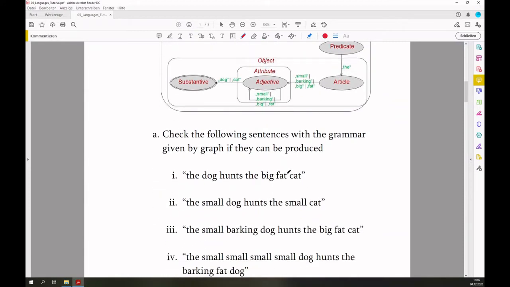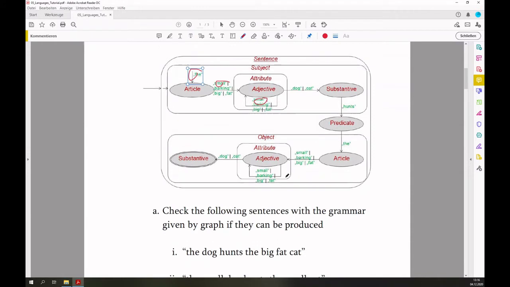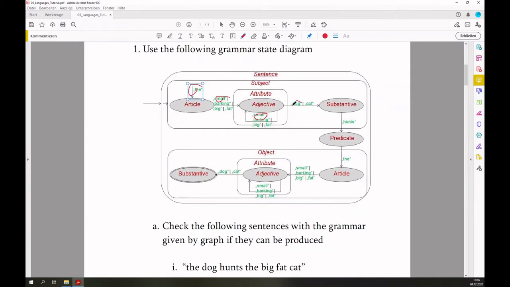Now dog hunts the barking fat dog. We go again this way, then we do this several times here, and then we continue through the graph, and therefore we reach an end state, a defined end state.